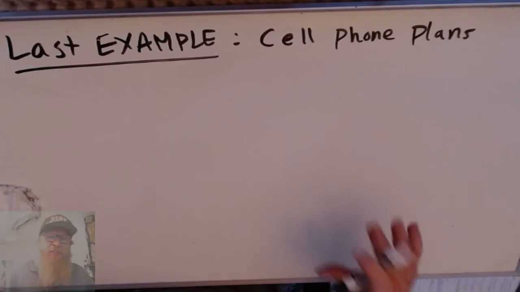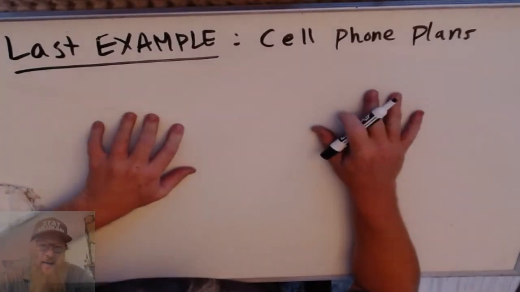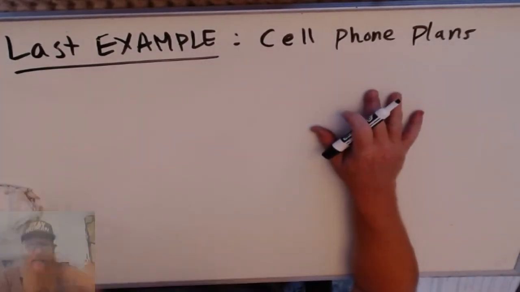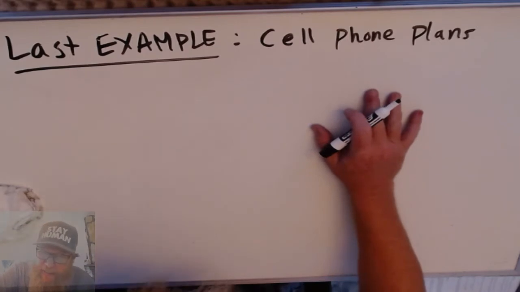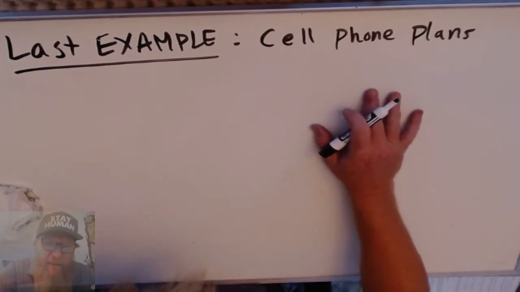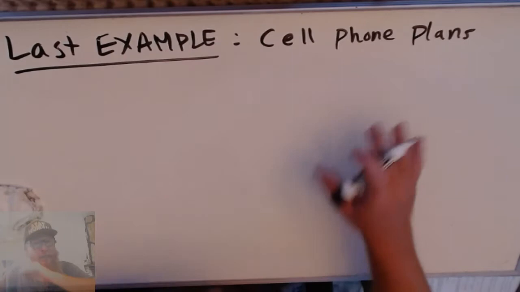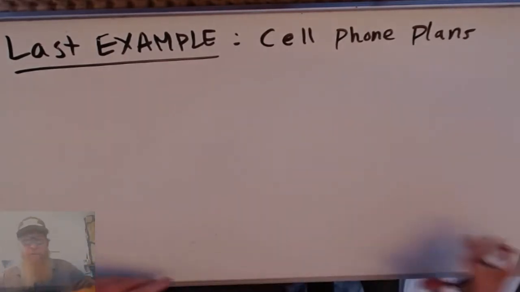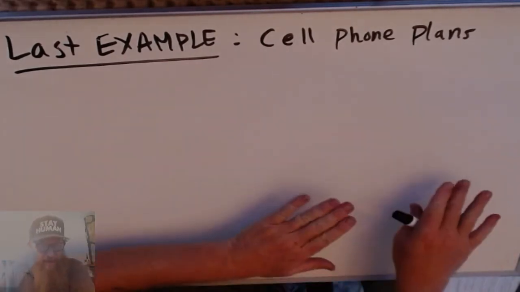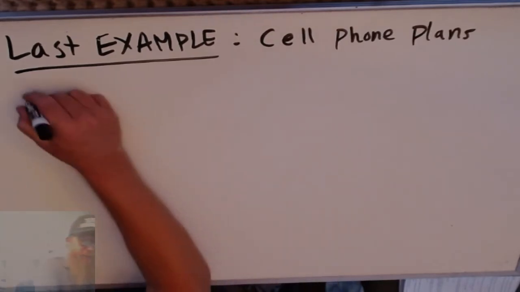When this problem was first devised, it was the 1990s, and cell phones in the 1990s used to charge you by the minute. Every minute that you were on that cell phone, you were paying for it. Now they charge by the megabyte. So I have updated this problem. Every time it said minute, I changed it to megabytes.